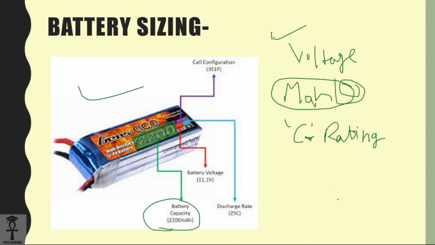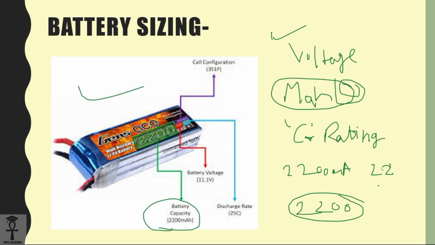So if my mAh rating is 2200, which means that 2200 milliampere current, that is 2.2 ampere current, will discharge the battery in 1 hour. 2.2 ampere current will discharge the battery in 2 hours. So by doing simple maths, we can calculate at our current consumption the battery will discharge in how much time.